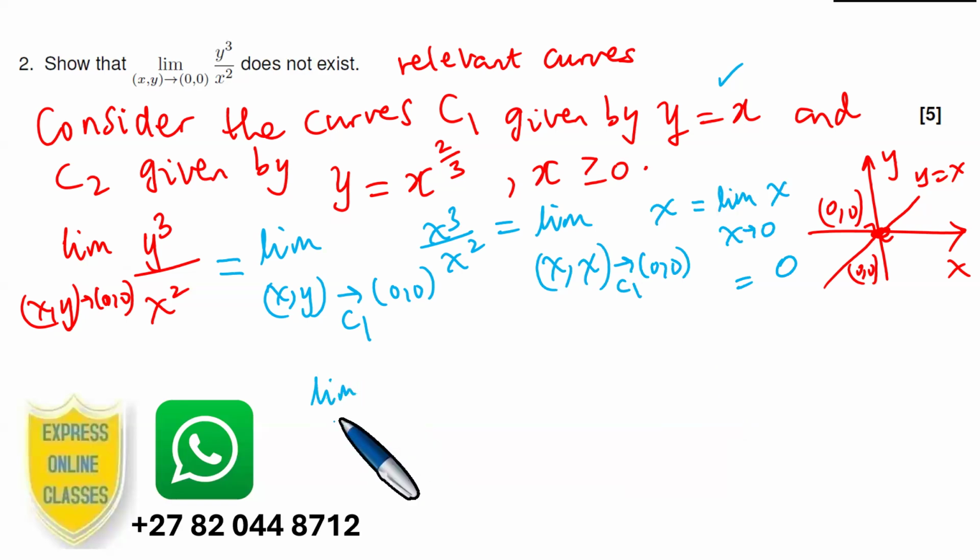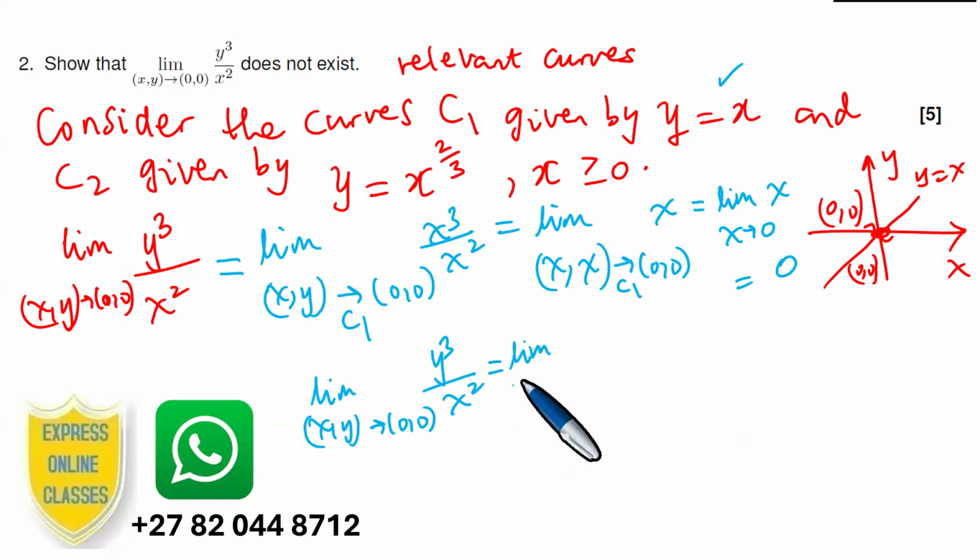Simultaneously, we have the limit as (x, y) approaches (0, 0) of y cubed over x squared. Now we're going to evaluate this limit along the curve C2.